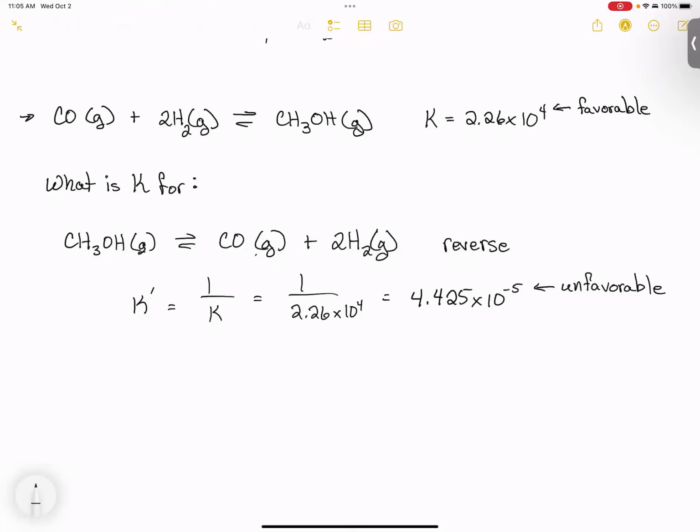So let's look at the K for this reaction. What is the K for 1/2 carbon monoxide gas reacting with hydrogen gas to form 1/2 CH3OH gas? What we did is we multiplied the original equation by 1/2.